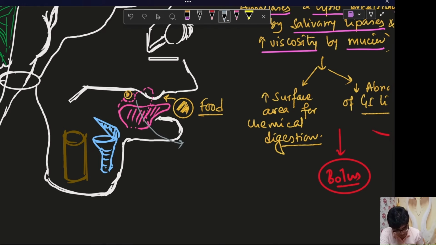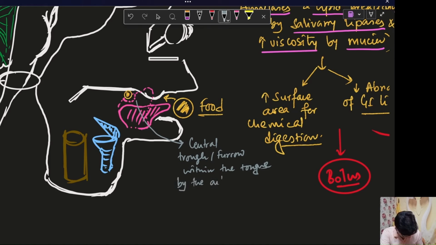Firstly, the central trough or furrow within the tongue is made by the action of the intrinsic muscles of the tongue. Correct?